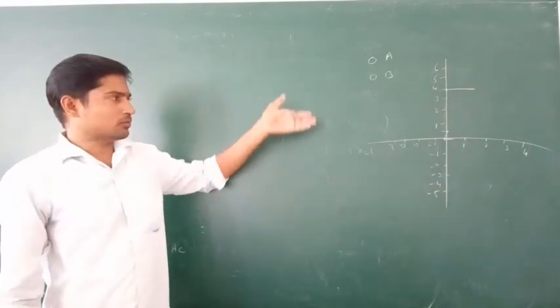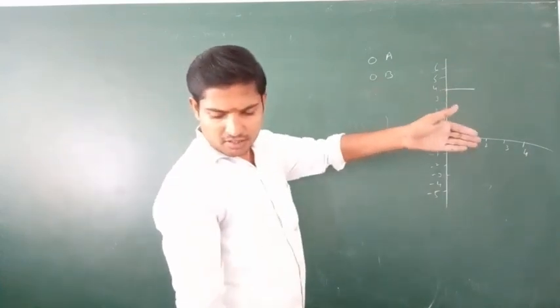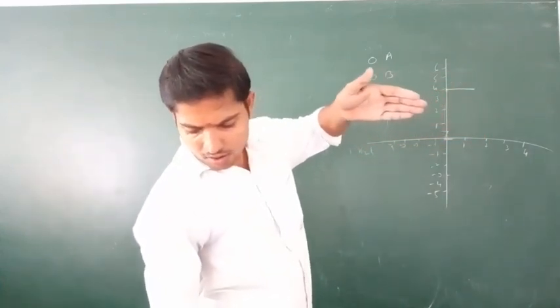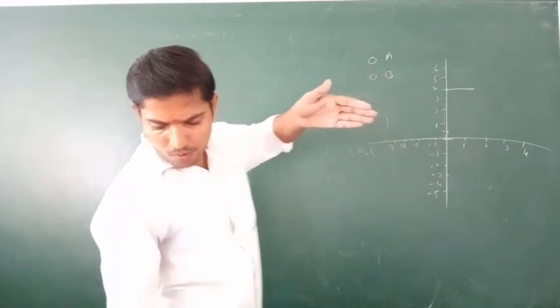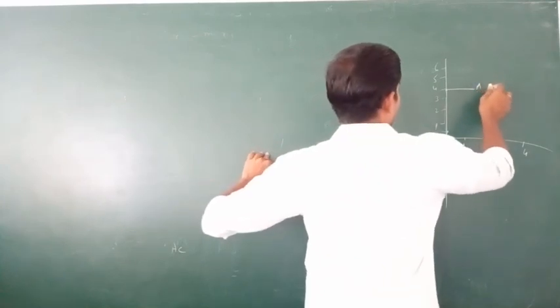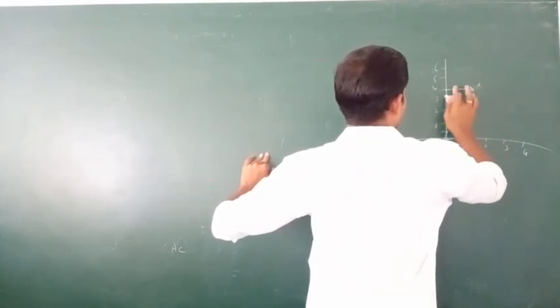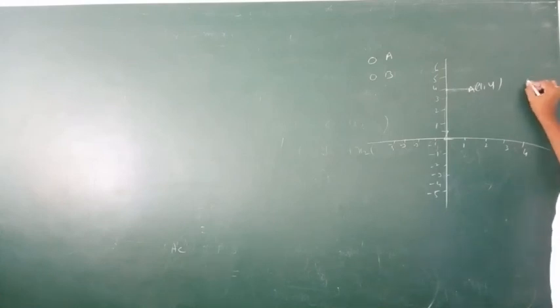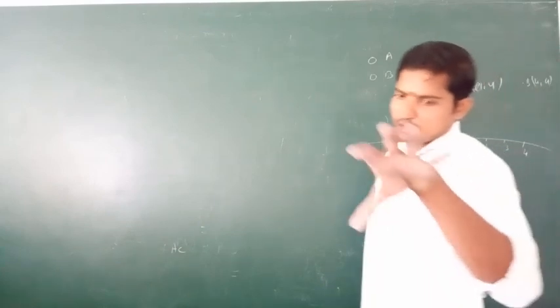Then suppose, for example, I am taking the coordinates of A here, then (1, 4). Suppose B is here, then (4, 4). Like that, you can take the scale and solve the problems.